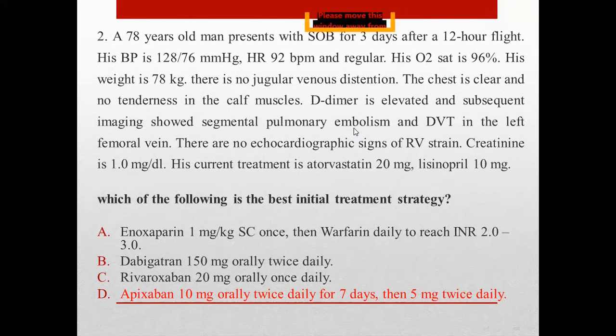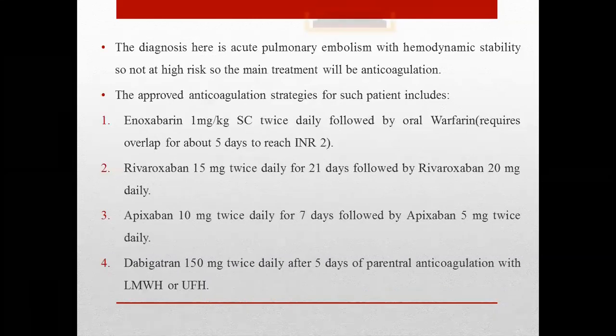If we are revising the options of NOACs in our patient, we have the dabigatran, the rivaroxaban, or the apixaban. Regarding the dabigatran, it cannot be started immediately in patients with pulmonary embolism. It has to be started after the patient takes enoxaparin first for 5 days, and then the patient can start the dabigatran.